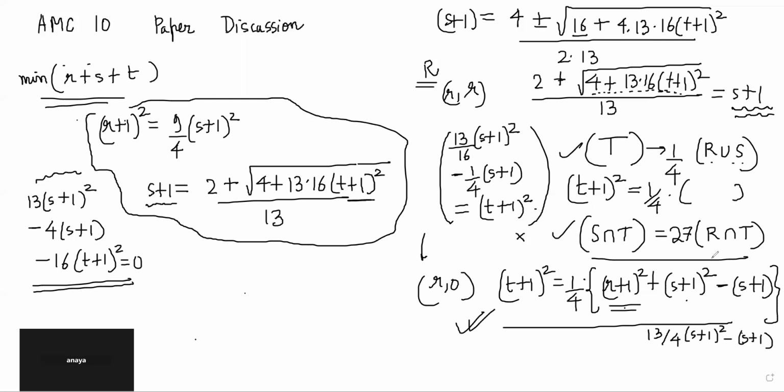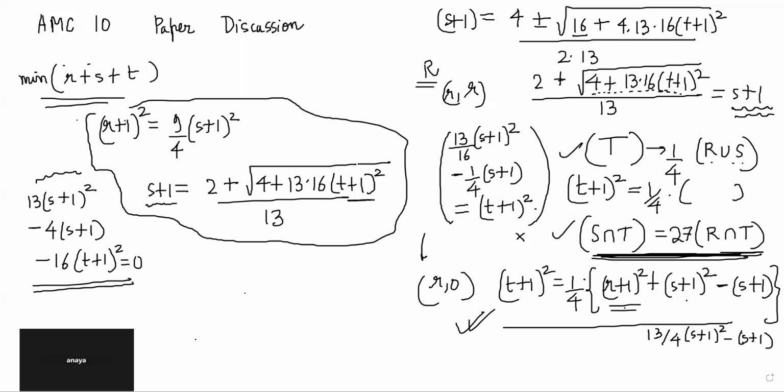S intersection T has 27 times the number of lattice points of R intersection T. And T plus 1 whole square is 1/4 of that, which we have already used. So only one condition is left which we have not used. This one: S intersection T has 27 times the number of lattice points of R intersection T.